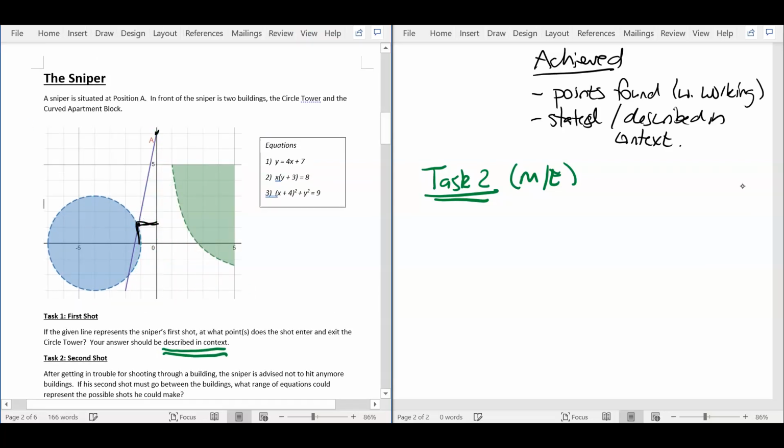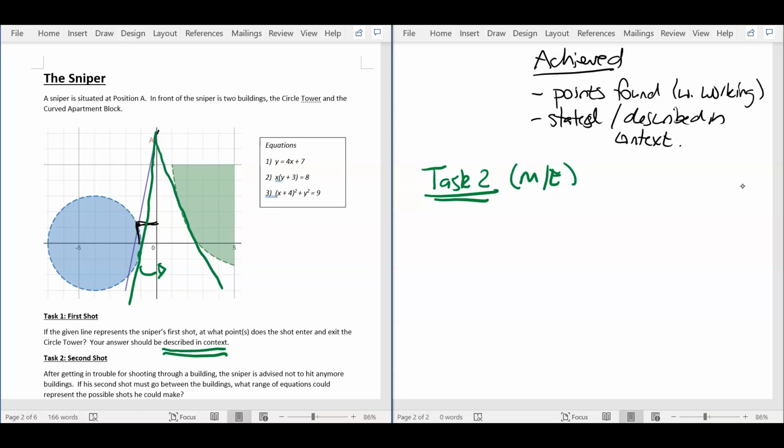So what this represents is, if we have a tangent, the tangent itself is actually going to hit the building because there's one point of intersection, but anything in that direction of the tangent will be good in terms of the shot, and the same can be said for the other side.